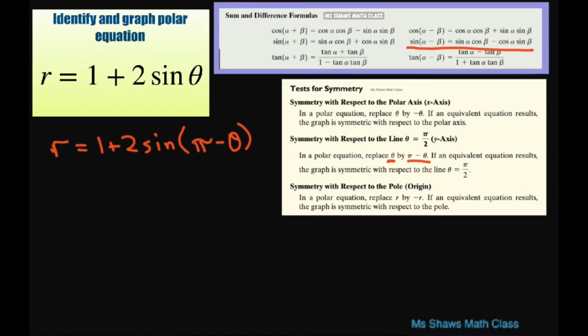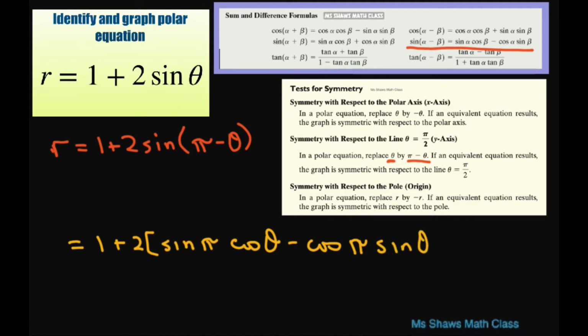So let's expand this. I'm going to move it down here so we have more room. This is going to be equal to 1 plus 2, then we have sine of pi times cosine of theta minus cosine of pi times sine of theta.